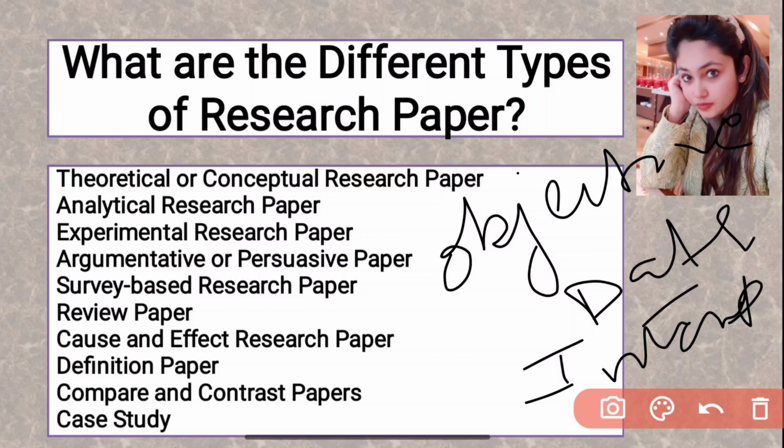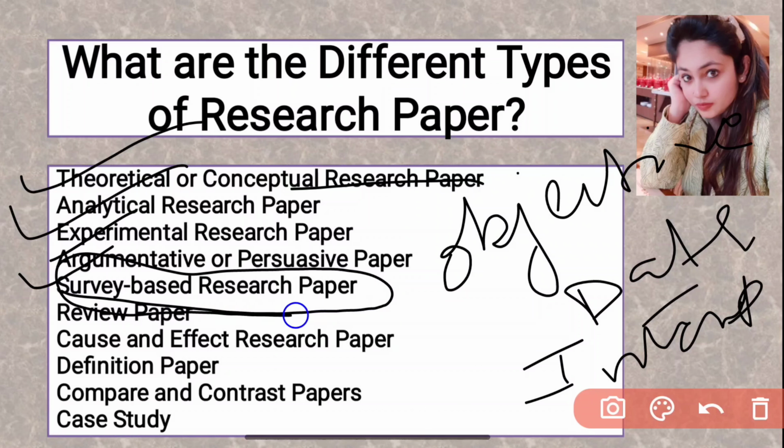However, there are a number of ways in which we can categorize our research papers and different ways in which we can write it. So in this video we are going to discuss all these one by one, right? So briefly we can see that we have theoretical or conceptual research paper. Then we are going to discuss about analytical research paper, experimental, argumentative or persuasive, then survey based research paper.